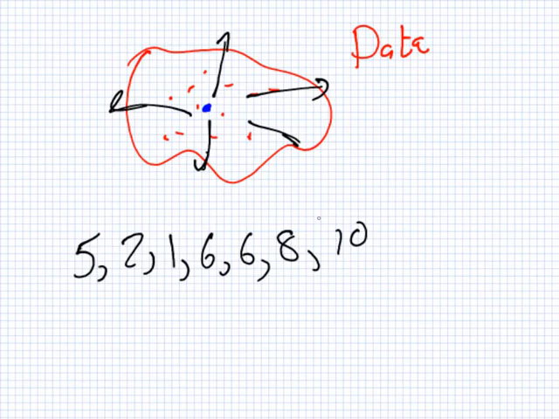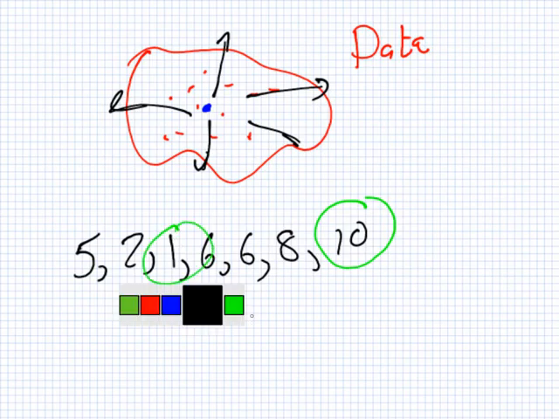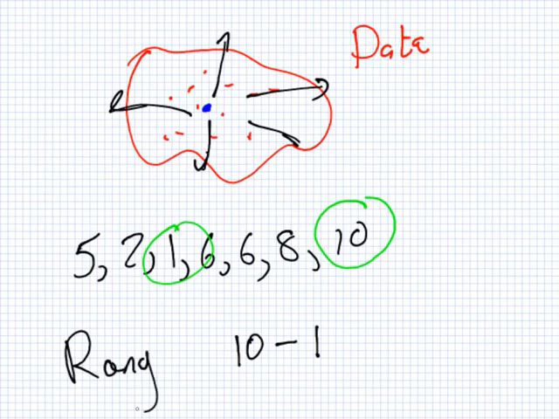One way to measure how spread out they are is to take the biggest number and the smallest number and subtract them, 10 minus 1. This is actually called the range. It's maximum minus minimum.